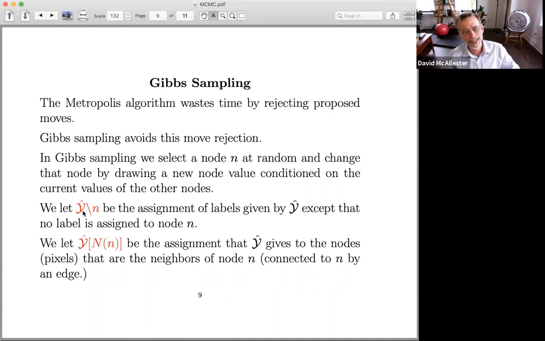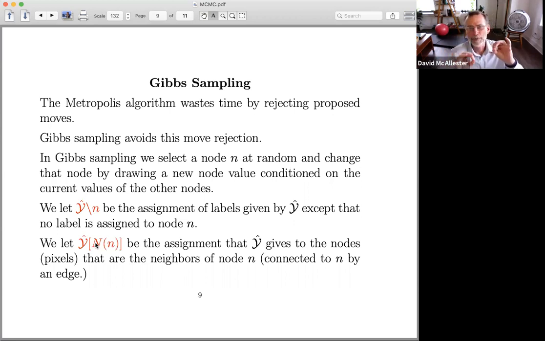So just in terms of notation, if I'm at a global labeling Y, I'm going to let Y minus N be the labels of everybody else other than node N. And if I've got a set of neighbors for N, I'm going to assume that this is a Markov blanket, because all of the scores in our model are either node scores or edge scores.